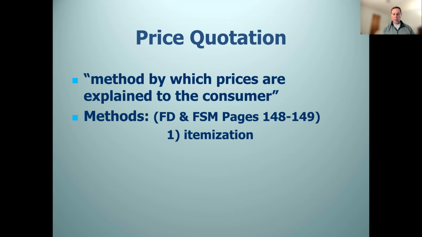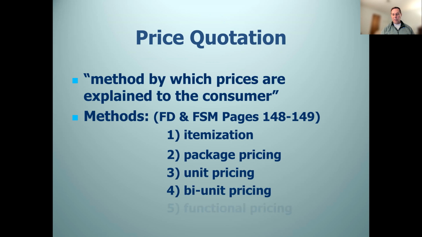So as we look on pages 148 to 149, we're kind of going a little bit backwards, but this is where we are today, which is itemization. We'll talk a little bit about package pricing, unit pricing, and functional pricing. I know that some of you may be writing those things down, but we're going to cover each one of them individually.